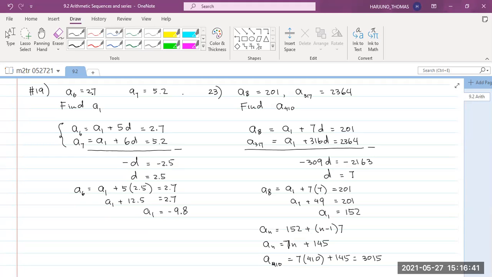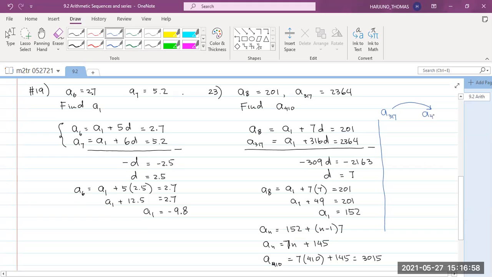Now the variations, if you happen to be able to imagine that. Now I want you to realize the following. You already have the 317th term, right? Now, how many times do you need to jump to get the 410th term? Can you imagine that?